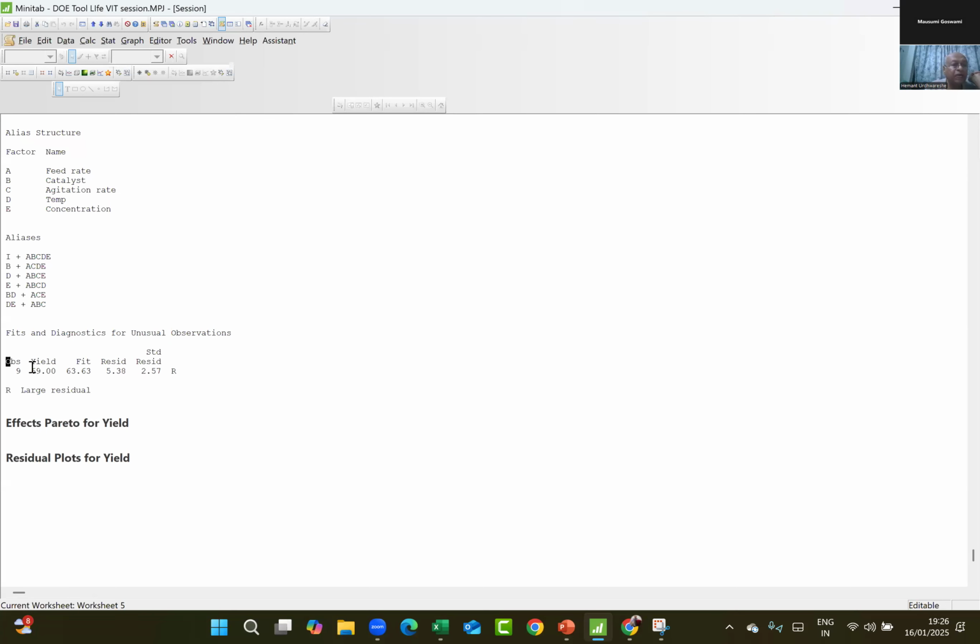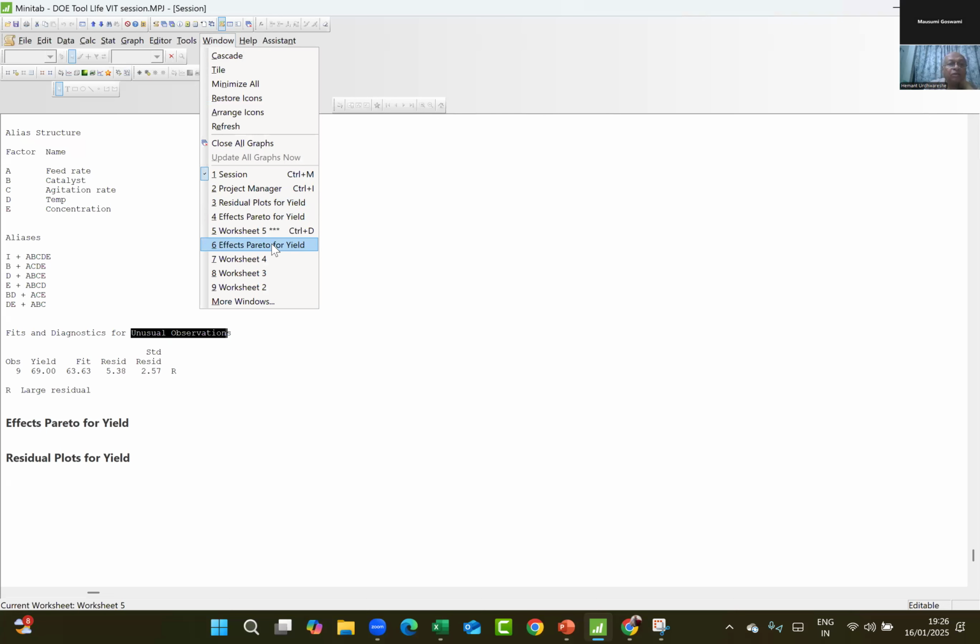So observed value is 9, yield is 69, but the fitted value is 63 with the model. So the model prediction is not matching very well with the observed value. So the residual is 5.38, which is pretty large. And Minitab has shown this as a large residual and unusual observation. So you are supposed to double check on that one.